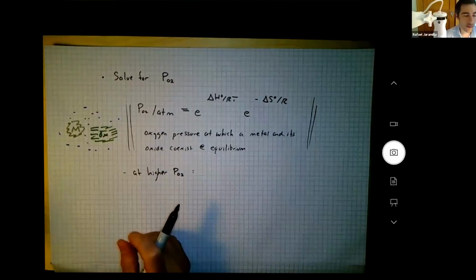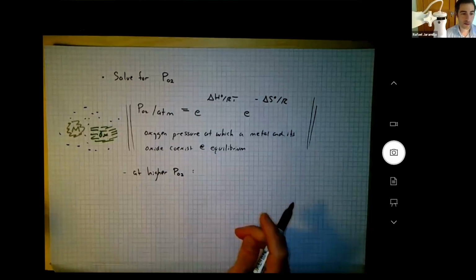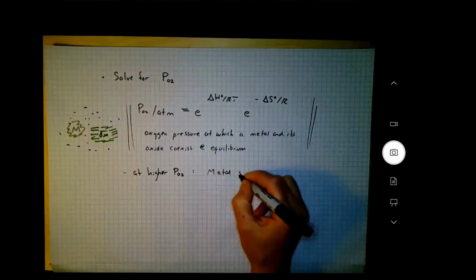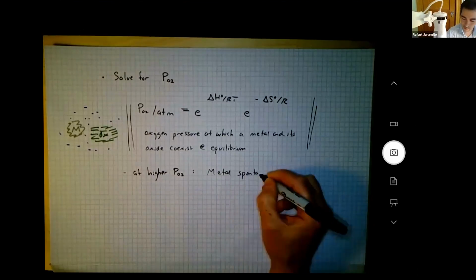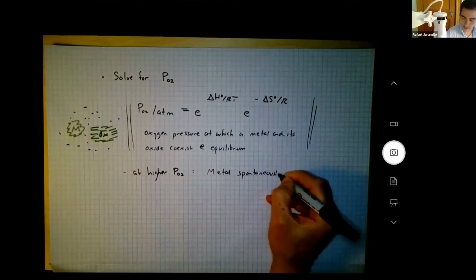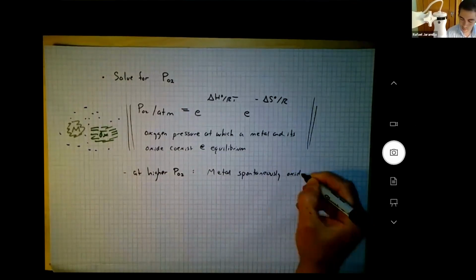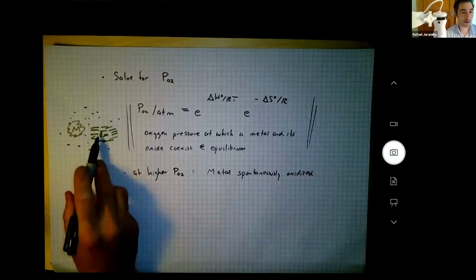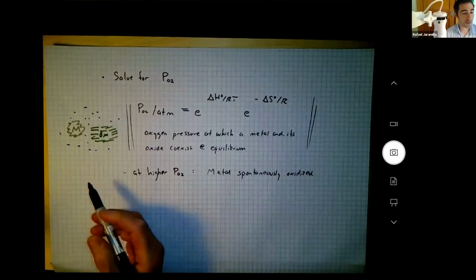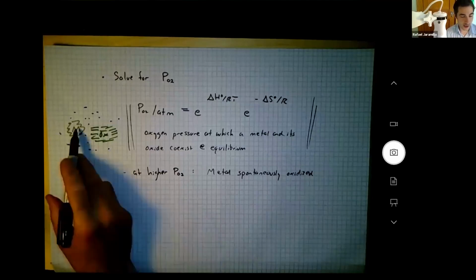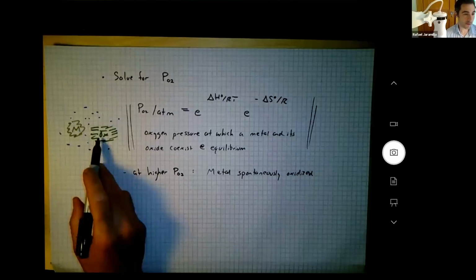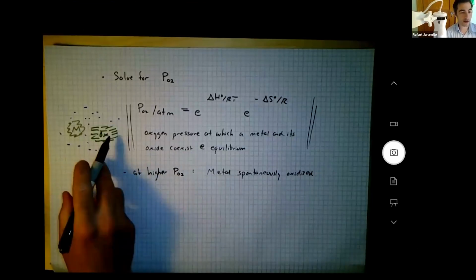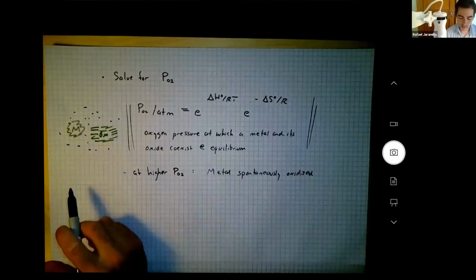Yes, fantastic. Metal spontaneously oxidizes, so you get a spontaneous conversion of more metal into oxide. We've already established that the oxygen can't dissolve in the metal or in the oxide. They're pure components, so all we can do is convert metal to oxide. Excellent. Thank you. What about at lower?